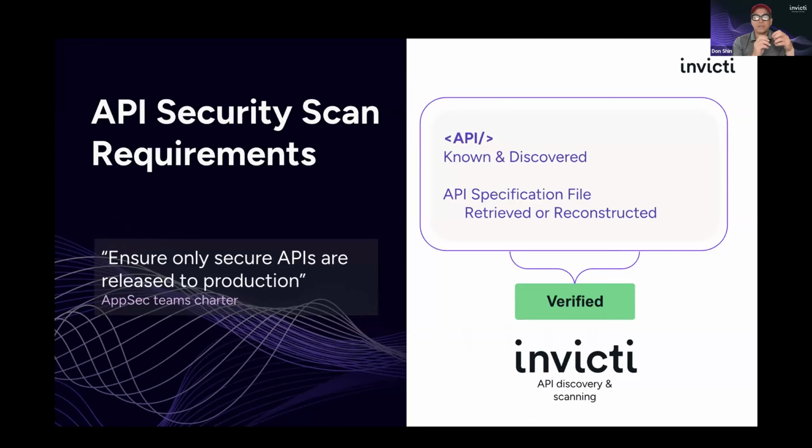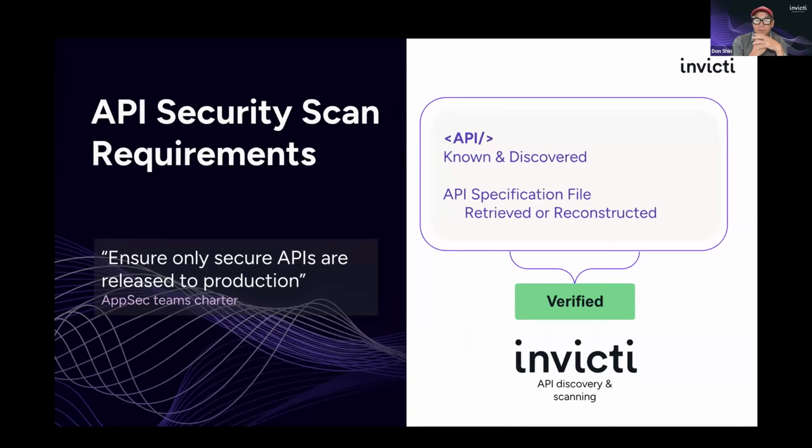That specification file you can either retrieve from a repository, as an AppSec engineer usually contacting the developer asking for it, or it's sitting in an API gateway repository where the specs are archived, or, using analysis, you would have to reconstruct an API spec in order to test it.